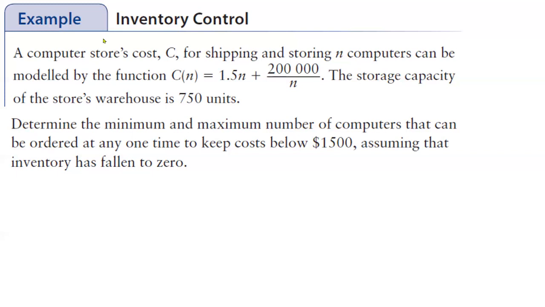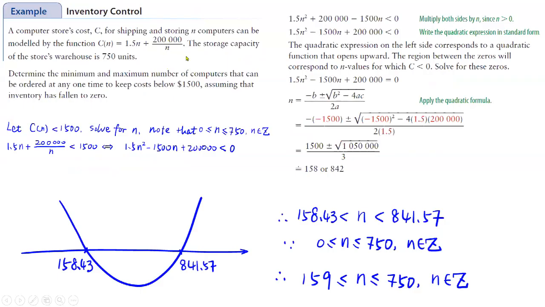Okay, let's have a look at the solutions together. So first of all, we can let C(n) be less than 1,500 and solve for n, right? Okay, so note that the domain states that n needs to be greater than or equal to 0 and less than or equal to 750 because the storage capacity of the store's warehouse is 750 units.